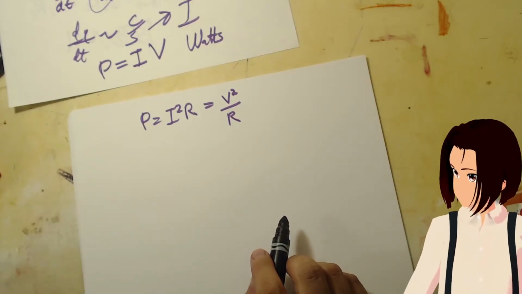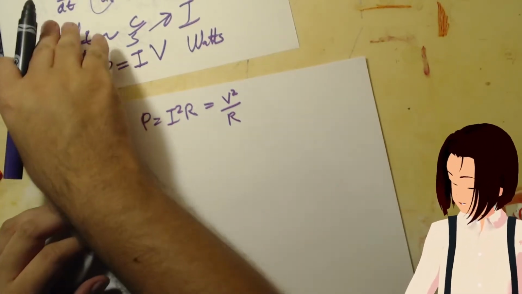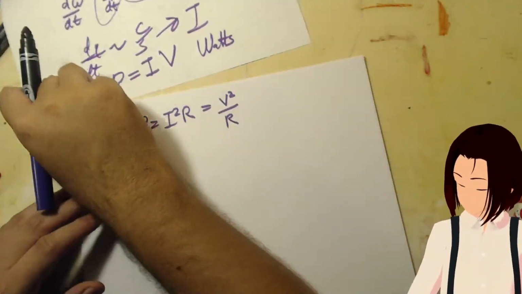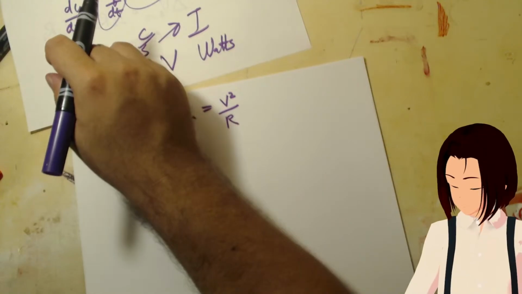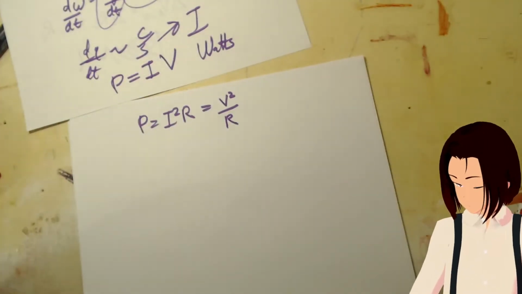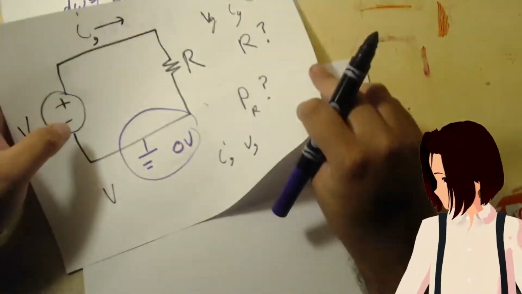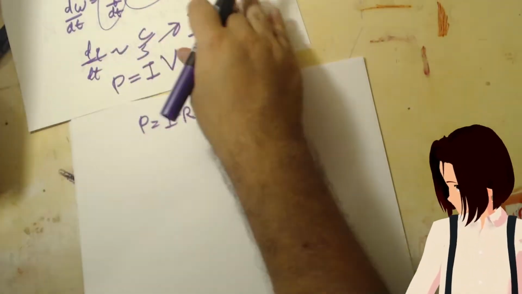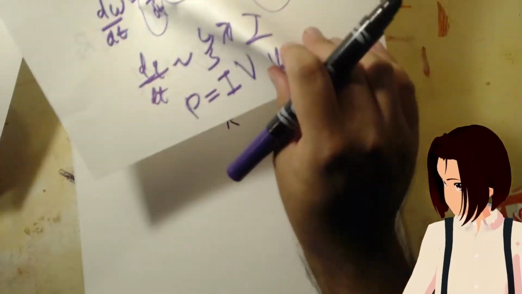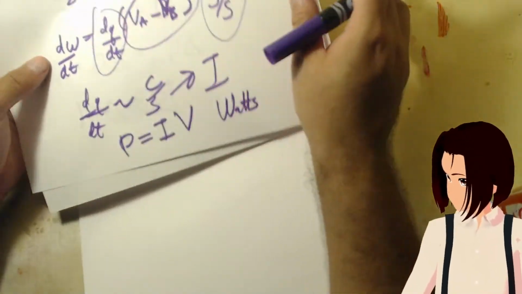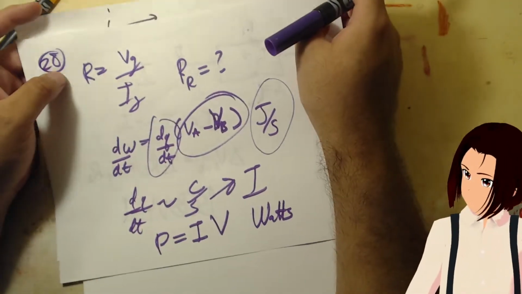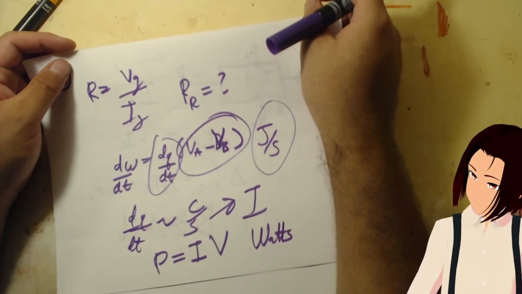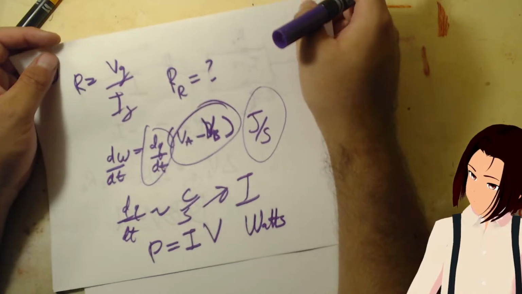Okay, so here's the last question. What is the power dissipated by a 1 quadrillion ohm resistor shorting a AA battery?